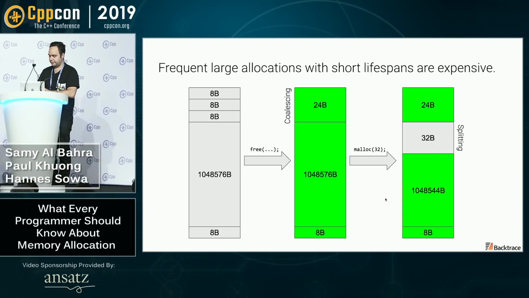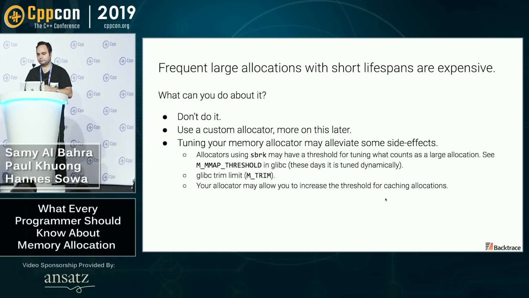So what can you do about it? One, don't do it. The other option is to use a custom allocator, and we'll talk about situations where a custom allocator does make sense, as well as situations where it doesn't. Some memory allocators will have tunables, so you could alleviate some of the side effects. In the case of glibc malloc, the default malloc on most Linuxes, you have the mmap threshold, which specifies when it should use mmap over sbrk.